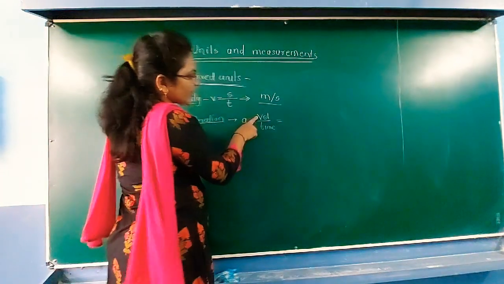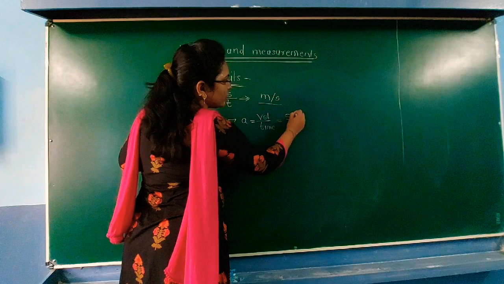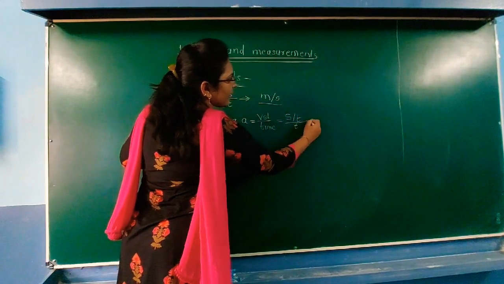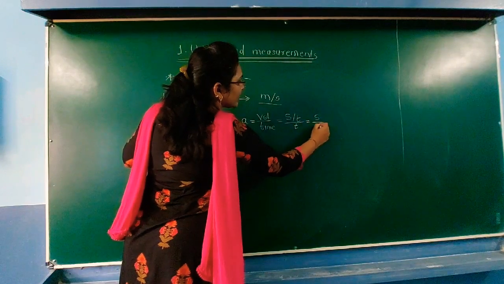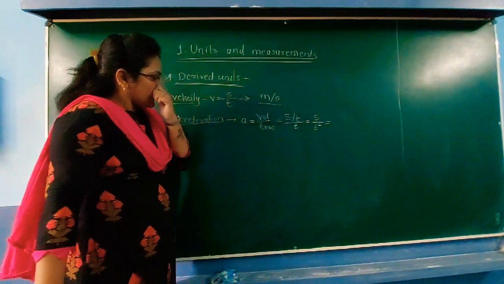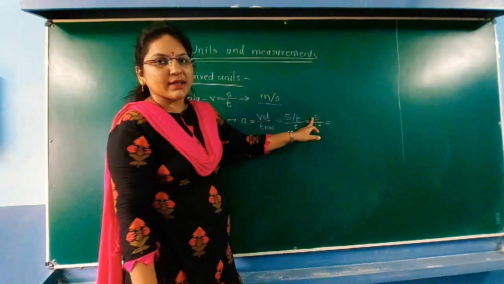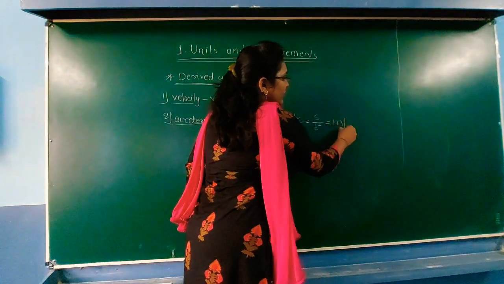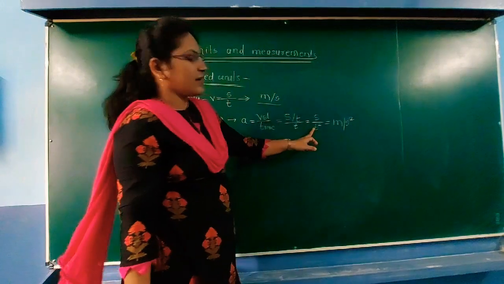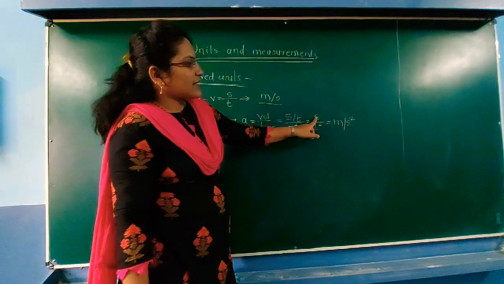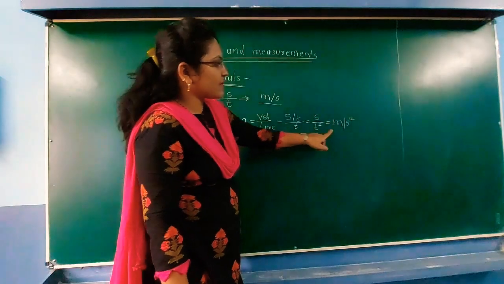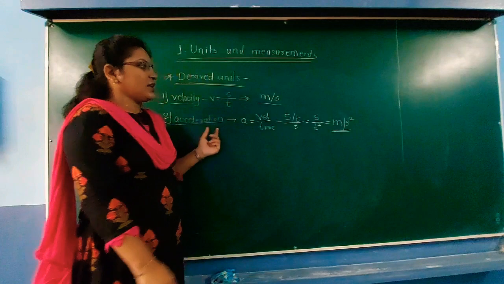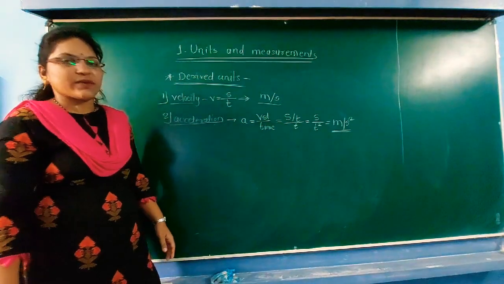Then we can write velocity equal to displacement upon time divided by this time. It becomes s upon t square. Here s is fundamental, t is fundamental, then we can write the unit as meter per second square. S is measured in meter, time is measured in second. So SI unit of acceleration is meter per second square.